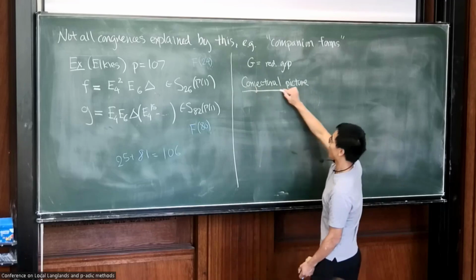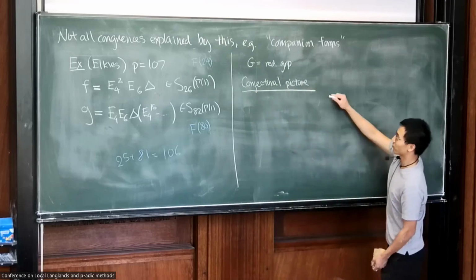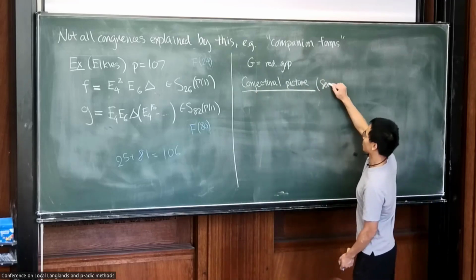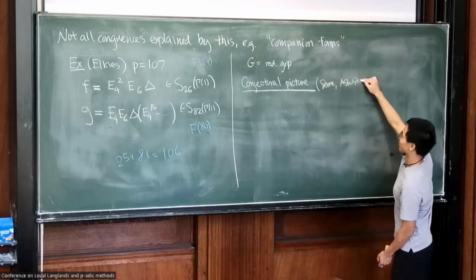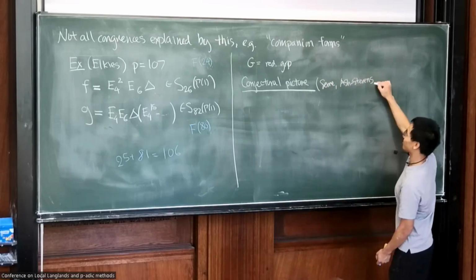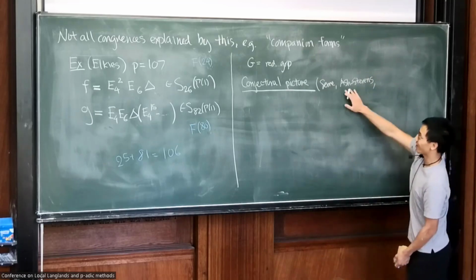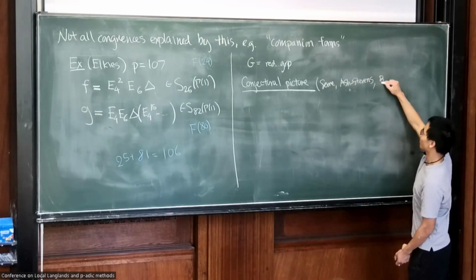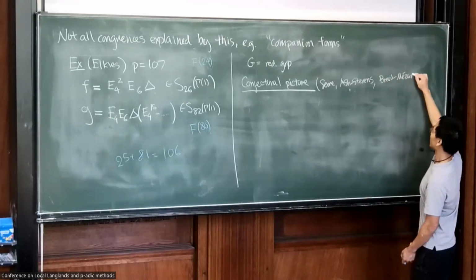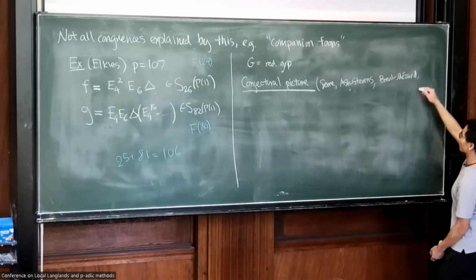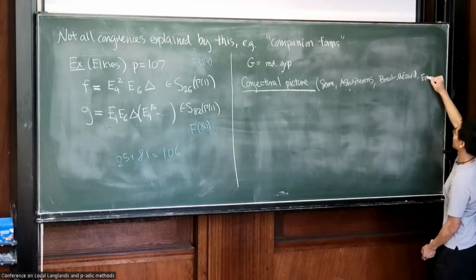So it's growing out of work of, well, Serre. I'm actually not too familiar with this history, so someone give me a list of names to copy down. So Serre, Ash, Stevens, Breuil-Mezard. And then the formulation I give was really due to Emerton and Gee.